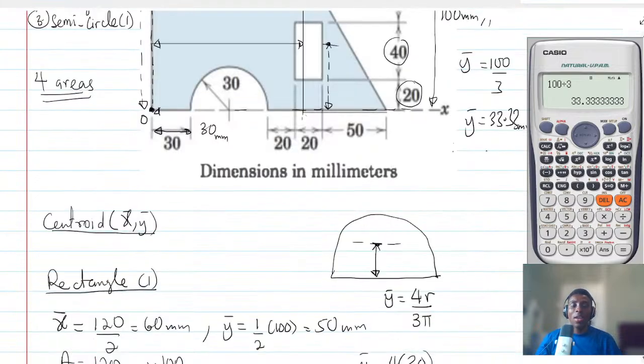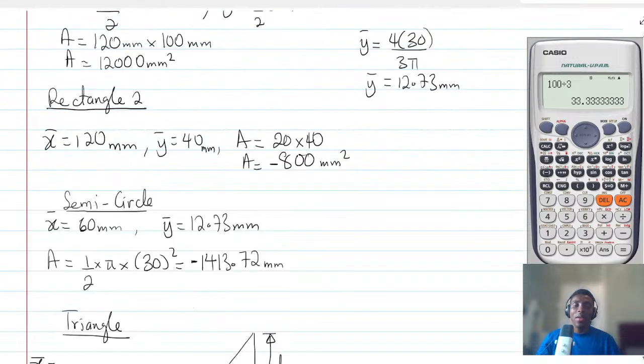So the y bar is 100 divided by 3, which is 33.33.